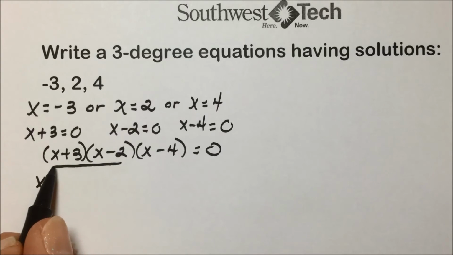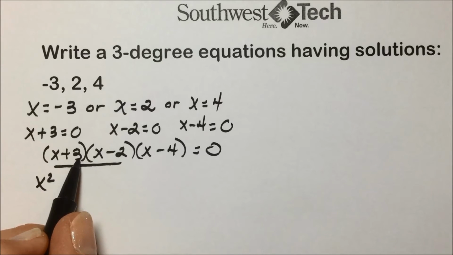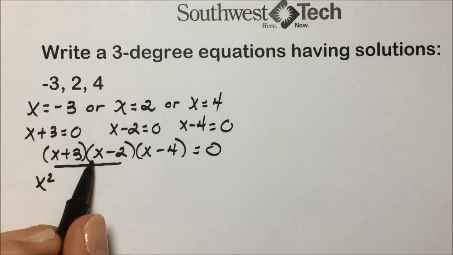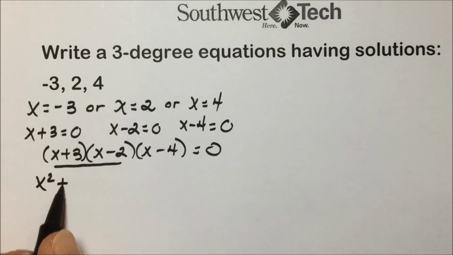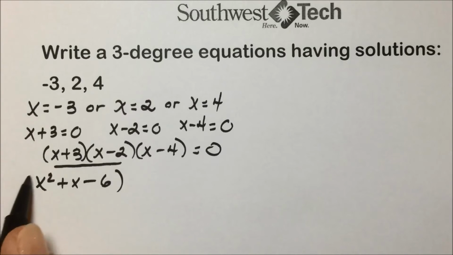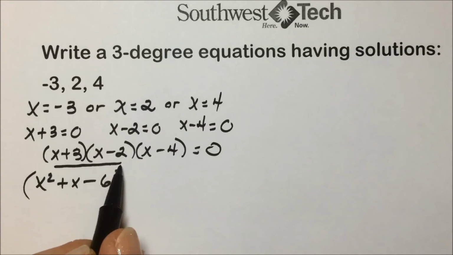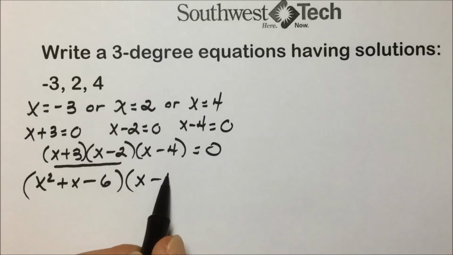The outside would be a -2x. Inside multiplied together is 3x. 3x minus 2x leaves us with an x. Last terms multiplied together would give us a -6. 3 times a -2. So there's the first 2 binomials multiplied together.